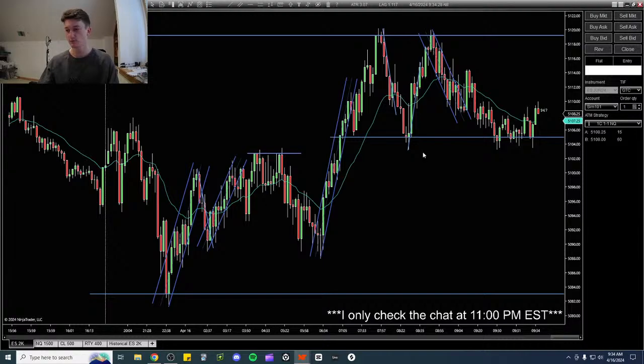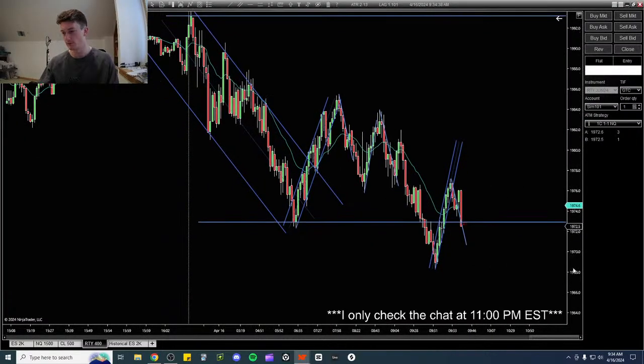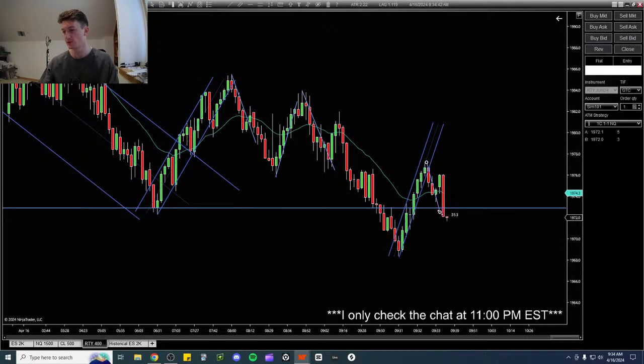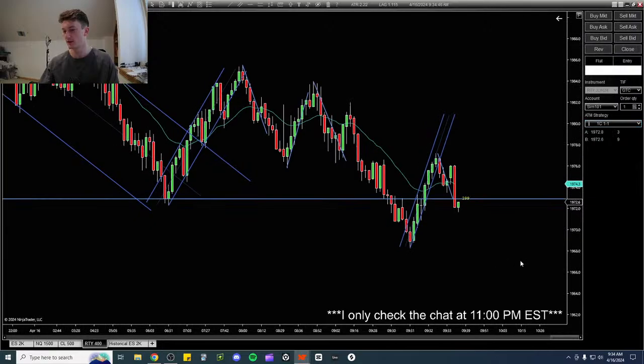On the ES, we are clearly just finding support off the same level. So downtrend break, 2 legs to a new low, finding support here. And let's flip over to the RTY, where there is the potential for some sort of second entry long. That is quite a strong down move there. Order submitted.